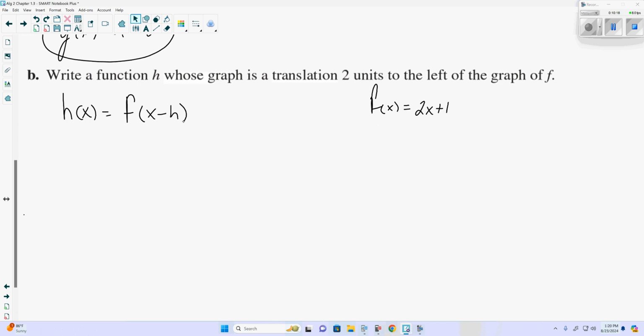Now, what is our value of h? So we have 2 units to the left, yes? So would the 2 that we're moving it to the left by be positive or negative? Negative, because the left is a negative movement, yes?